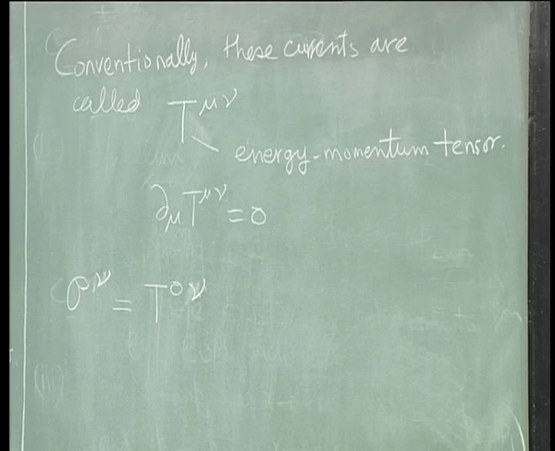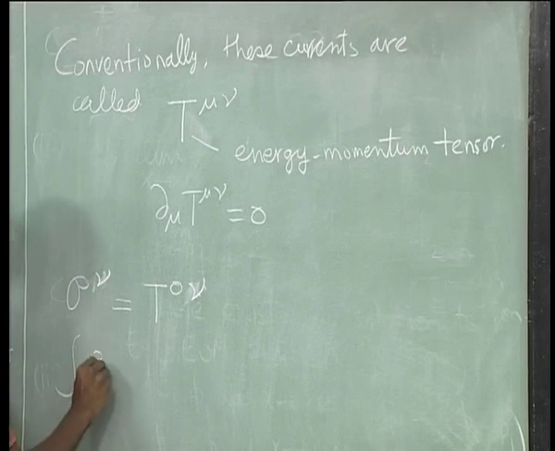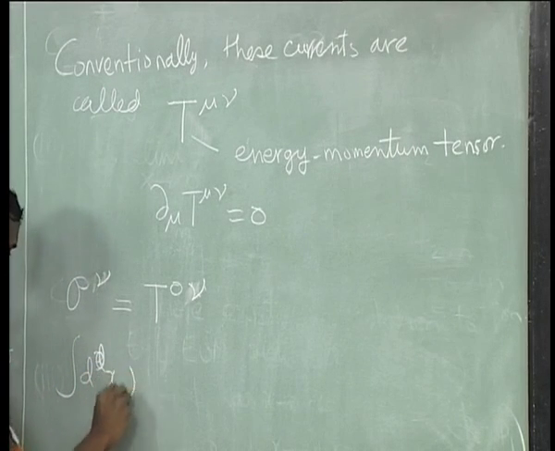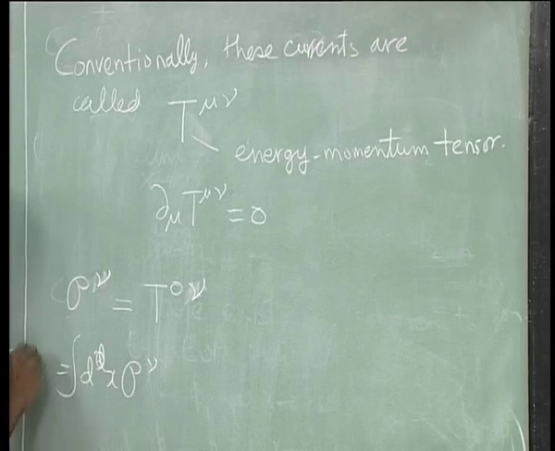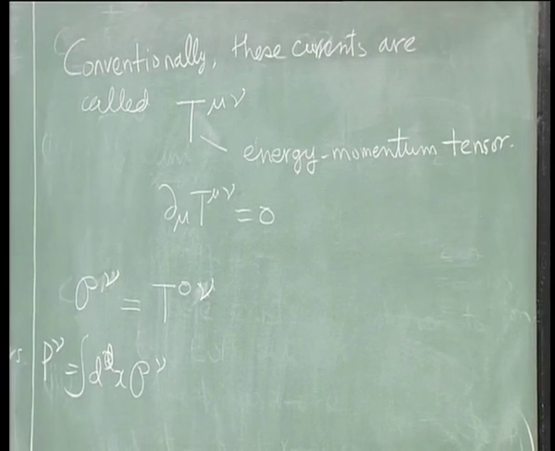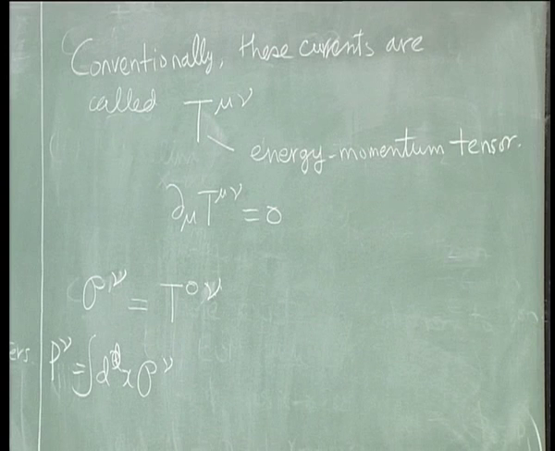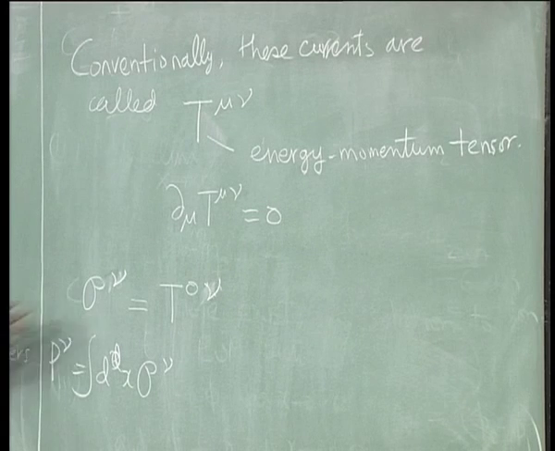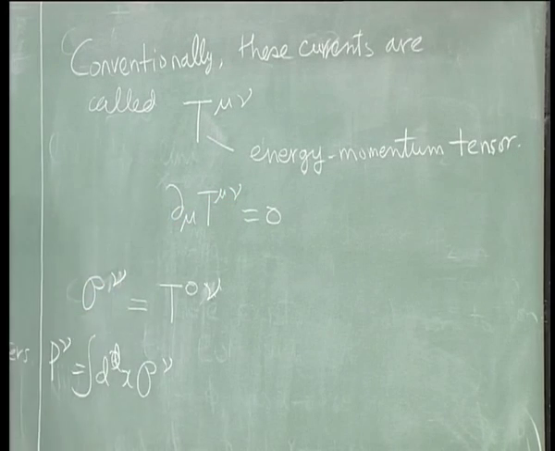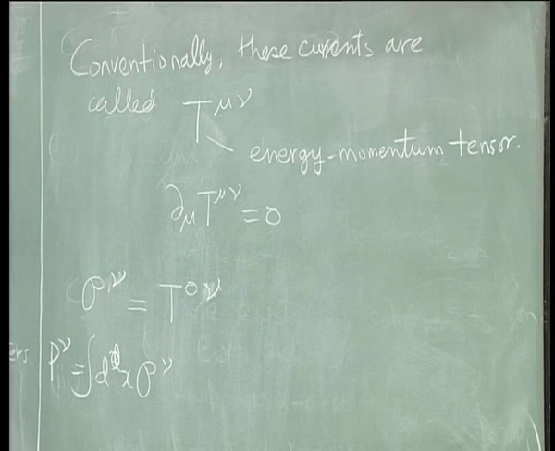If you integrate over d dx of P nu, you will get the conserved charges which I will just call P nu. There is a lot of notation, but it is important because it is confusing at first that the same index structure arises from these two. So now we need to at least work out this theorem for this particular symmetry, which is what we will do next.